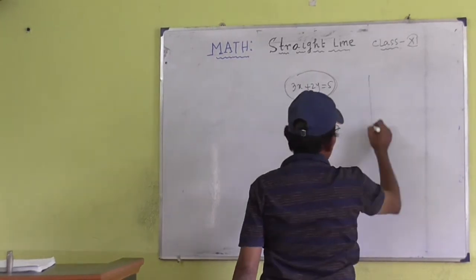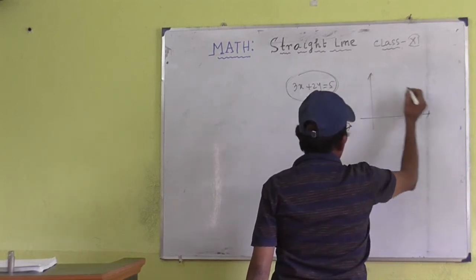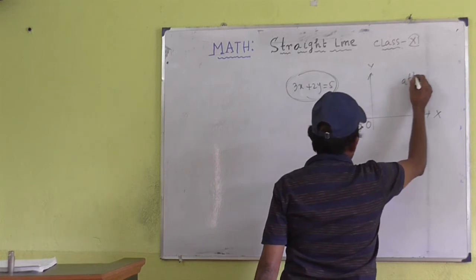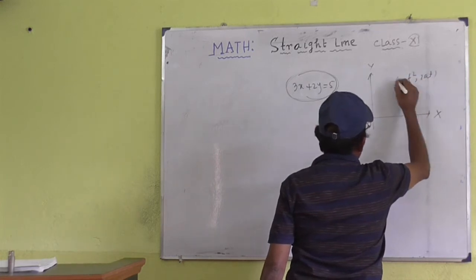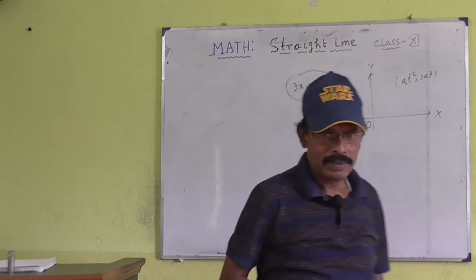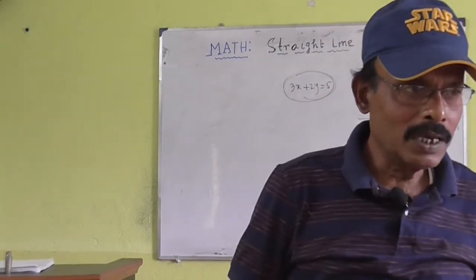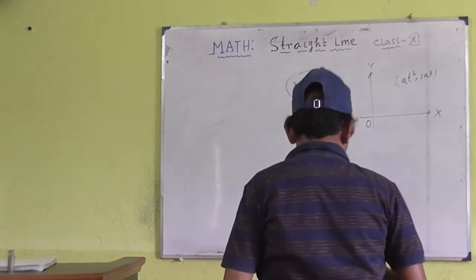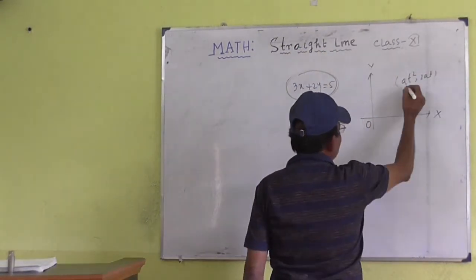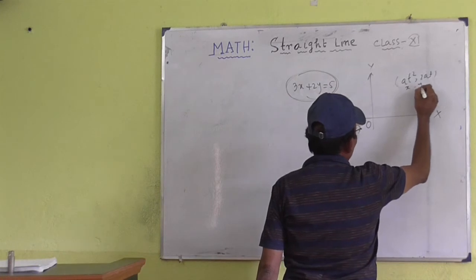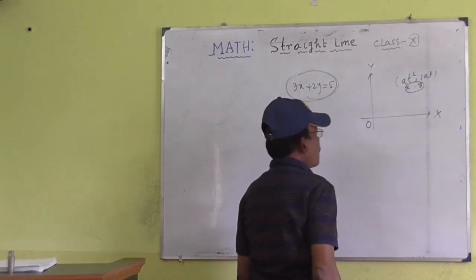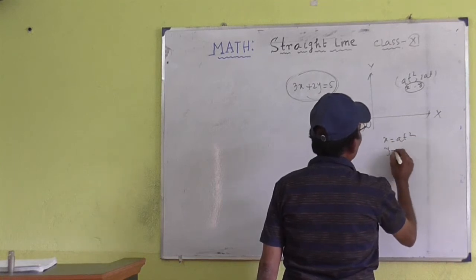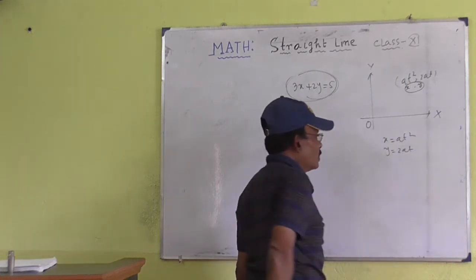Here let us take a point in the first coordinate, at squared comma 2at, with t as the parameter. I will discuss the meaning of the parameter later, but first I will discuss the locus. Here this is the x coordinate and this is the y coordinate. Here x equal to at squared, y equal to 2at.